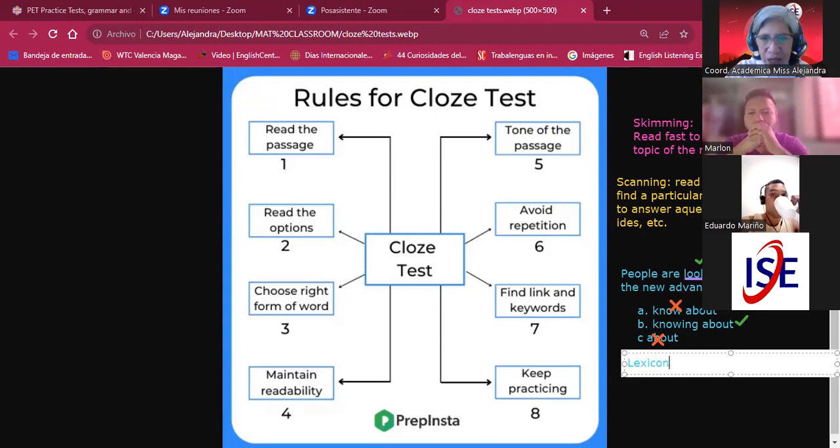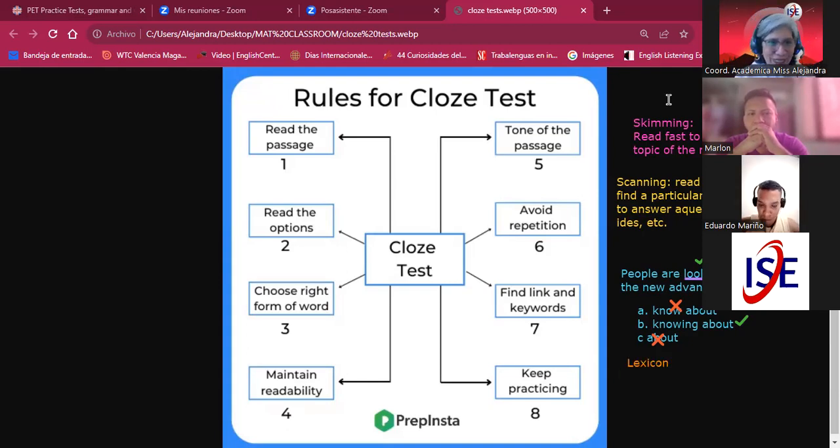What is a lexicon? It is the kind of words people use to express their ideas. Okay, so I'm sure Marlon knows about it because we always work on that. If you are in A1, your examiner expects you to use but. I like the beach, but I don't like crowds at the beach.